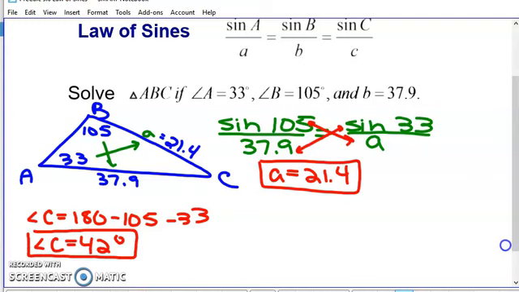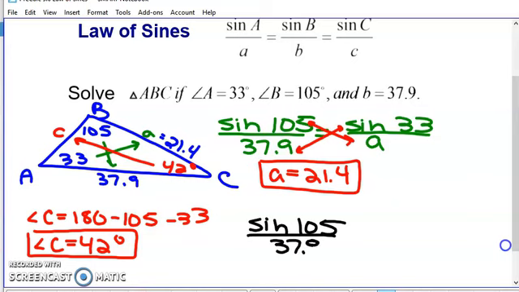So that's easy enough. Now the only side I need to find is side C. So I could either use 33 over 21.4, or I could use the same one I used the first time, which is 105 over its opposite side of 39.9.